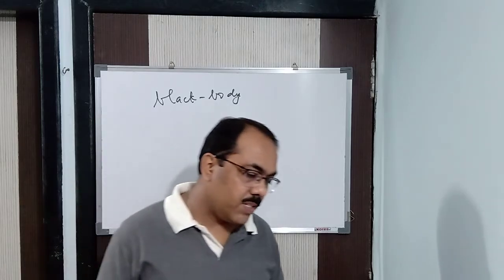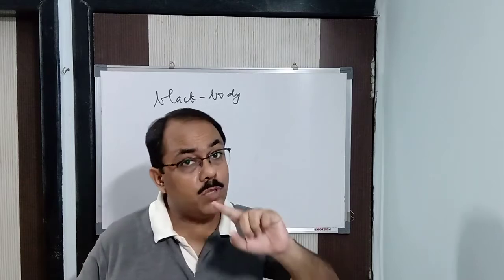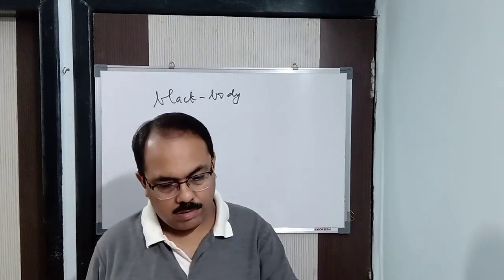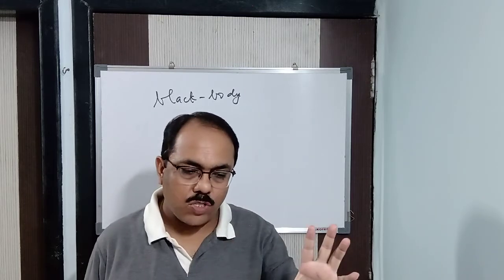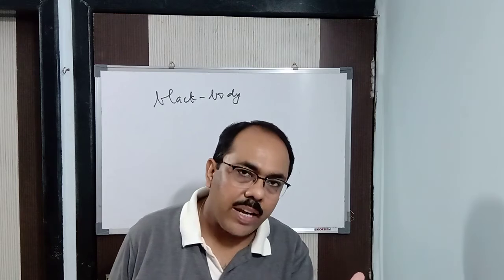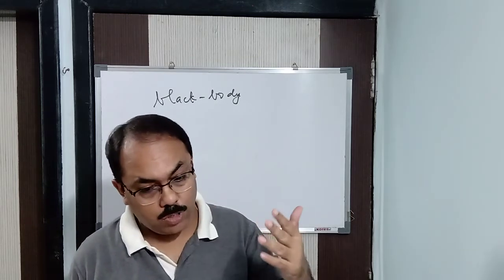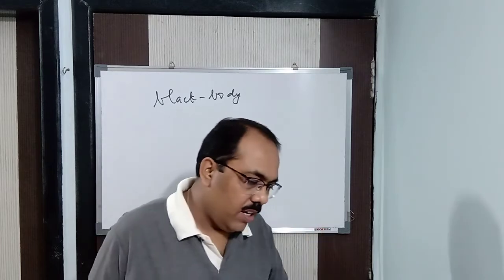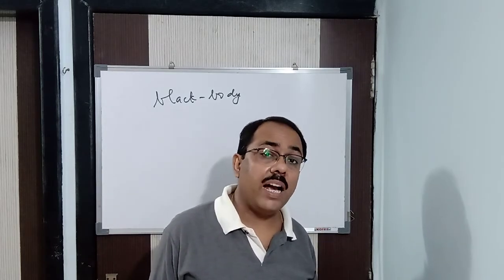If a substance, when heated, is a good absorber as well as a good emitter, understand it, which substance is known as a black body? If it is a good absorber, that means it can absorb heat very easily and also release heat very easily. If it's a perfect absorber as well as a perfect emitter, that particular body is considered a black body.